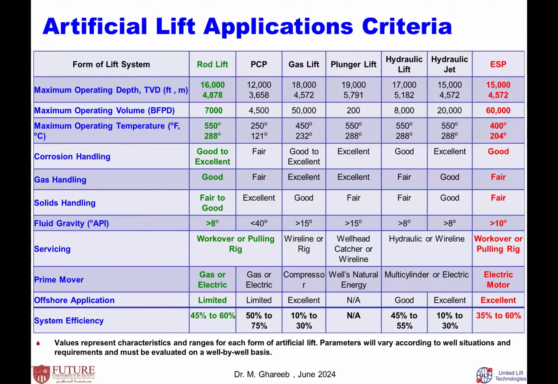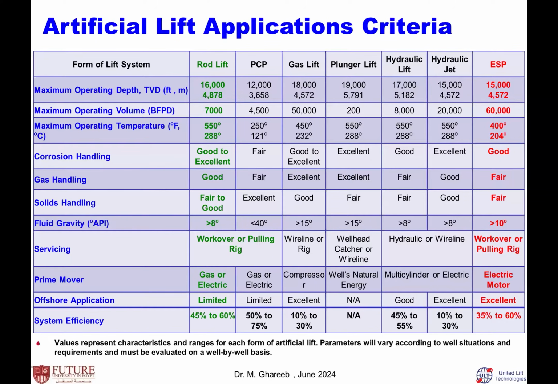For gas, it's fair, but even now with new technology for downhole gas separators and types of pump configuration, it can handle a good amount of gas. For solids, it's usually not preferred if there is sand, because it works on the principle of centrifugal force, and sand can create big problems for the pump.